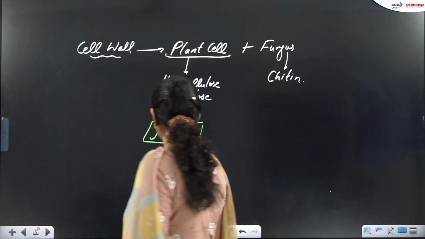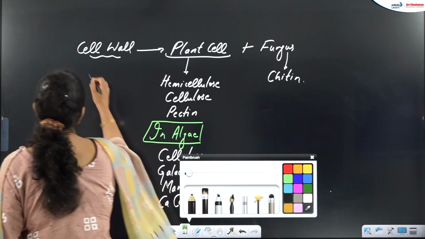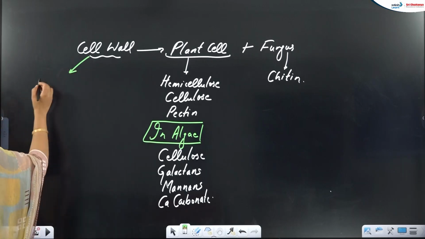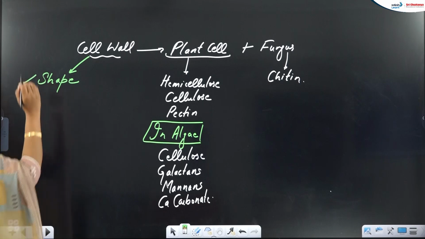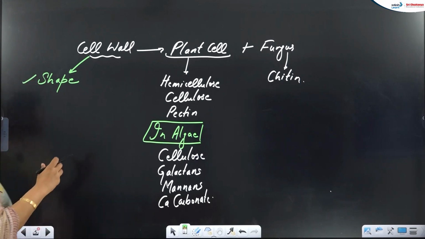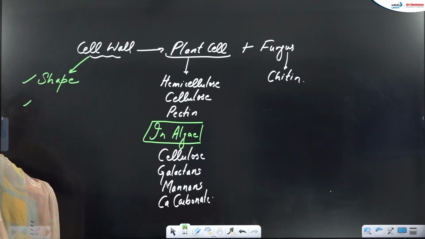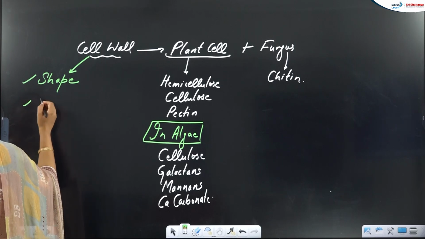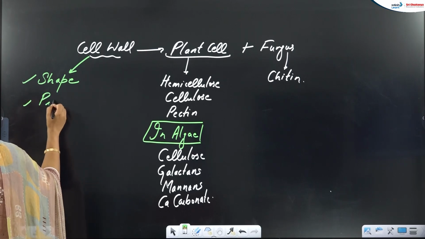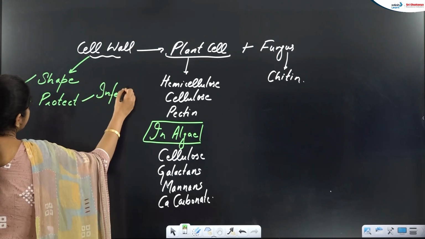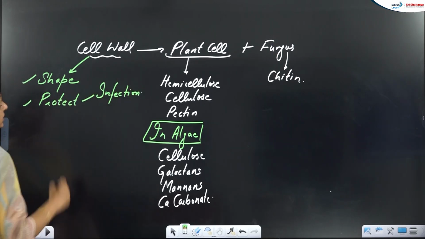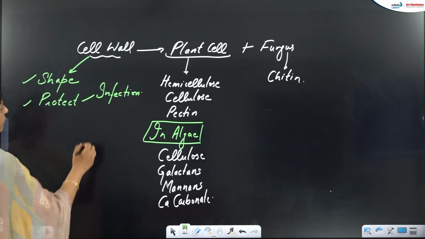Now what is the role of this cell wall? Can I say the important function of the cell wall is to provide shape to the cell. Fine, it is providing the shape to the cell. Even it helps to protect the cell from infection, like bacterial or viral infection, which can be somewhat stopped by this cell wall.